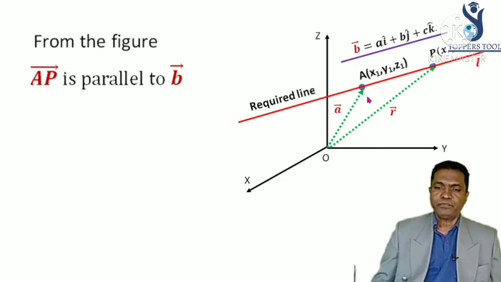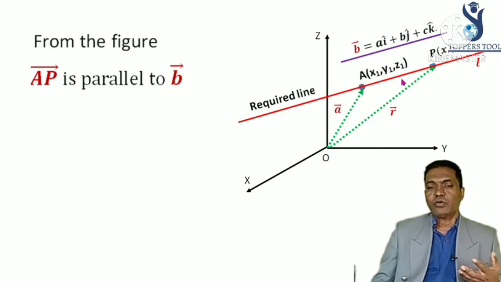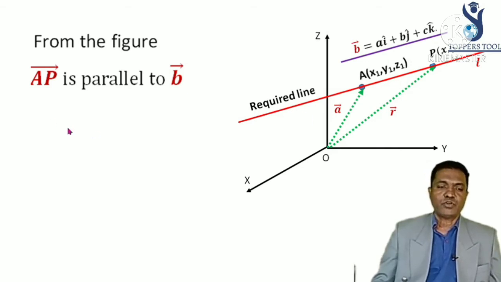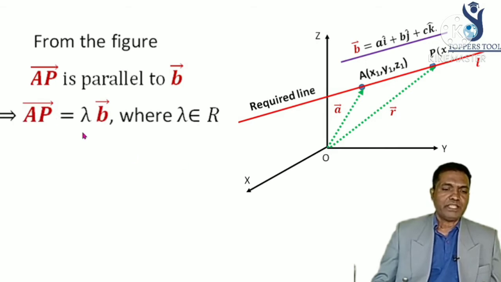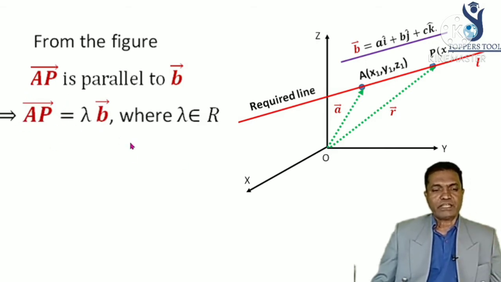So clearly vector AP is parallel to vector b. That means, as I said earlier, if these two are parallel, then they are collinear vectors. So you can express AP in terms of vector b: vector AP can be expressed as lambda times vector b, where lambda is any real number.